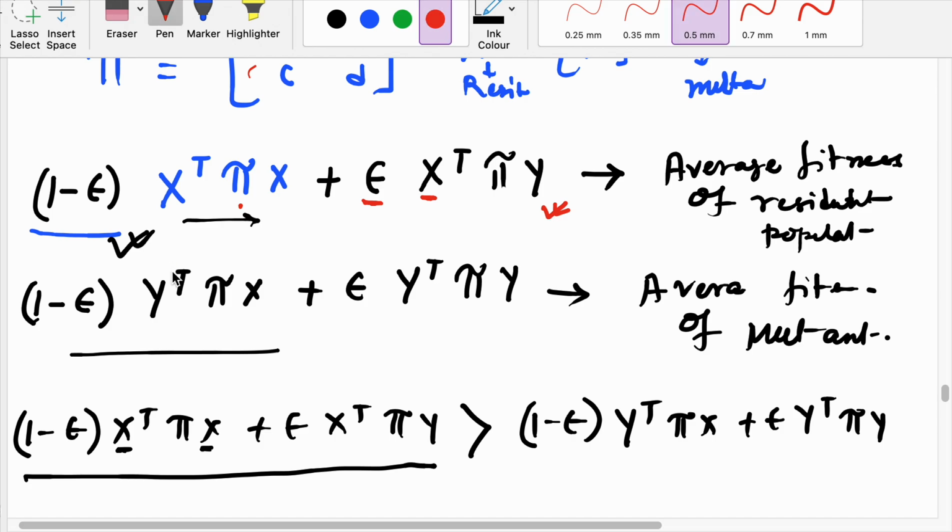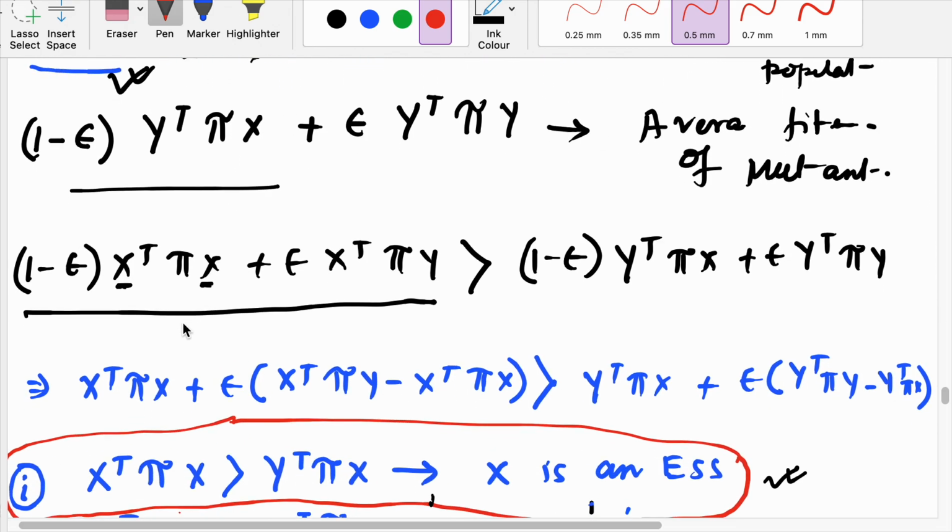Now similarly we can also calculate what the mutant gets, in the same fashion as we have calculated for the resident population. If we go through similar logic and ask which will be selected in the long run, we know the individual whose average fitness is higher than the other will be selected.